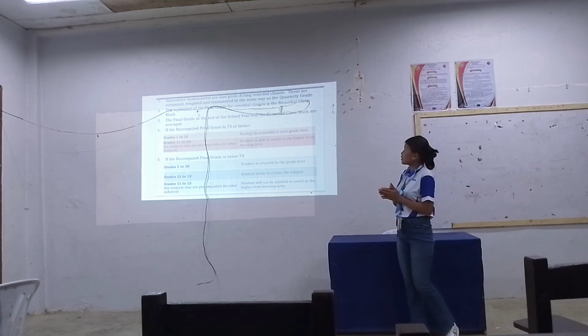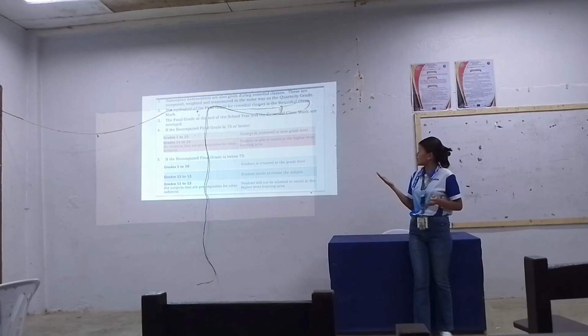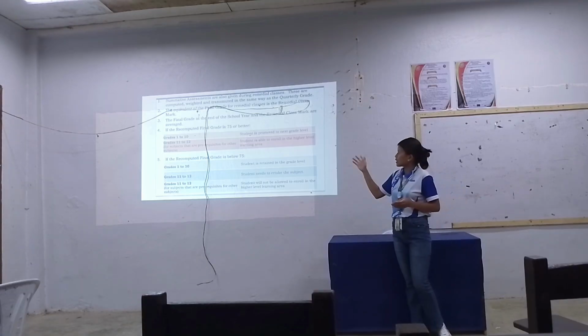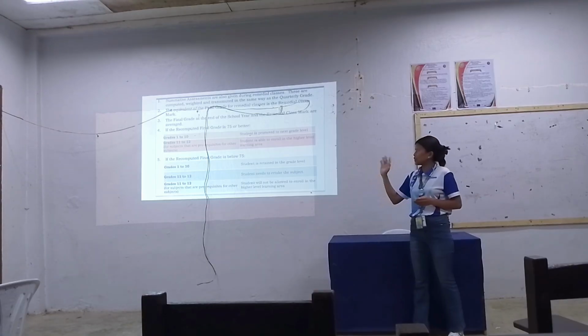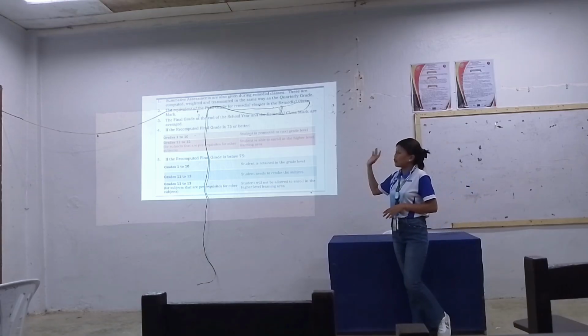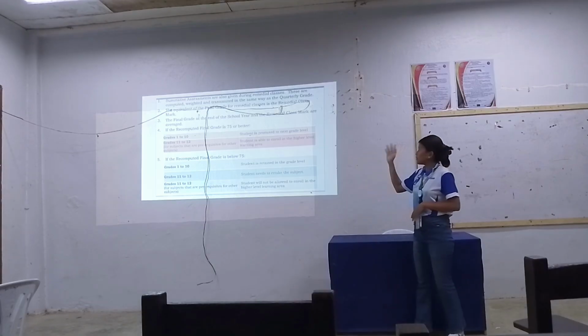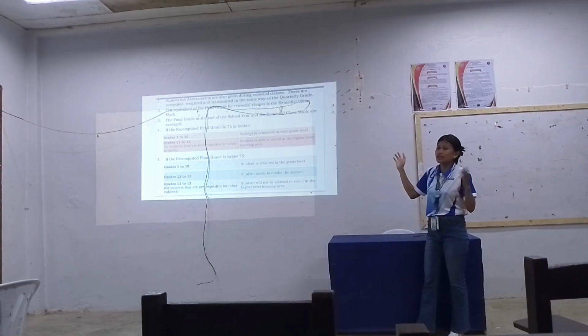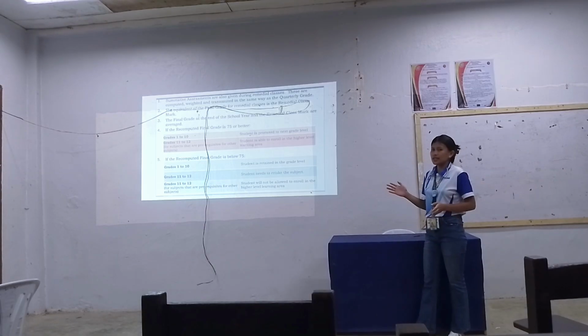The equivalent of the final grade for remedial classes is the remedial class mark. The final grade at the end of the school year and the remedial class mark are averaged. If the recomputed final grade is 75 or better, the student can proceed.